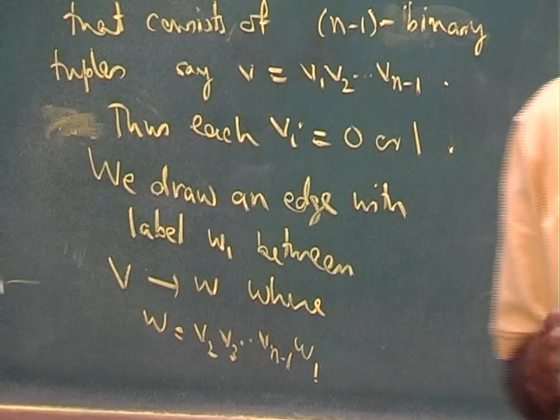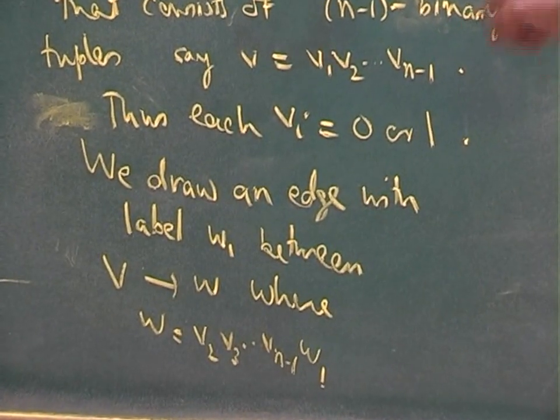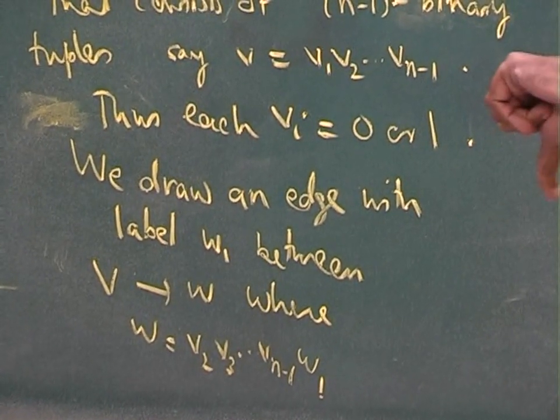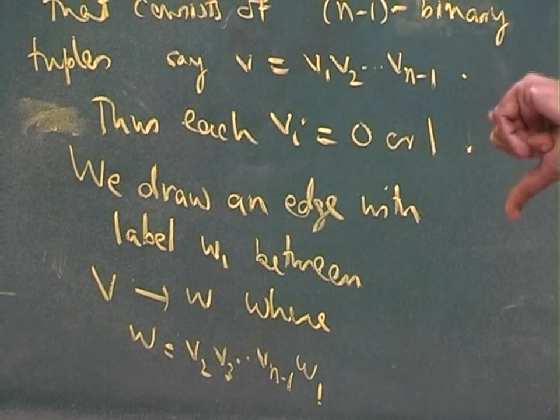The leftmost digit is dropped and the rightmost digit is the new digit that is added. Is that clear? That is the way this is happening.